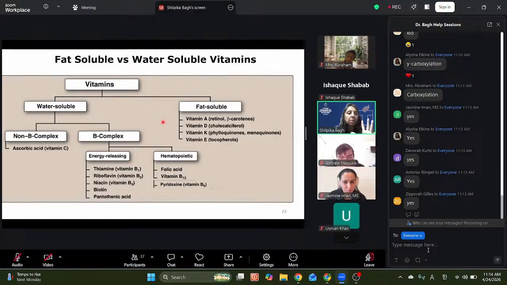These are your water-soluble vitamins. Non-B complex is vitamin C. B complex, energy yielding, are very low in chronic alcoholics, because they do not eat well. And macrocytic, megaloblastic anemia: folate, B12. Microcytic: B6 deficiency. Right? Is that clear?